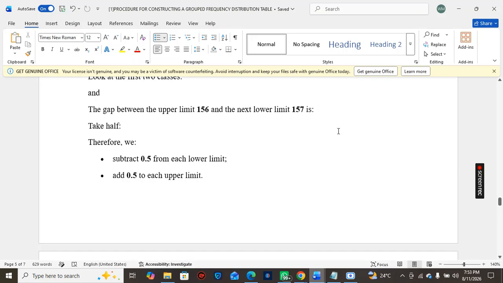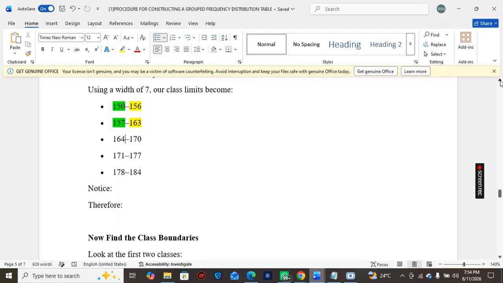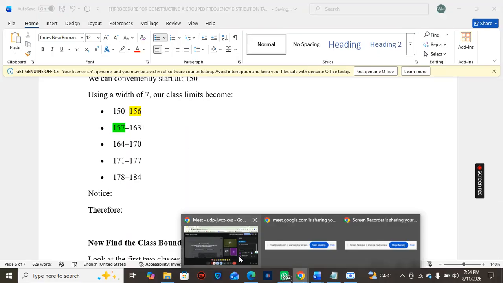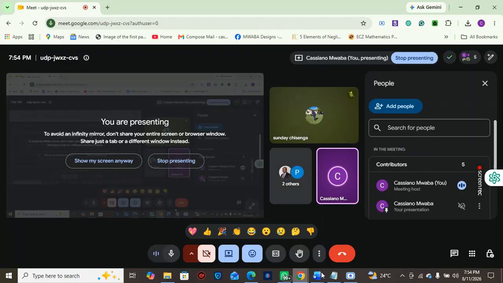You can look at it like this. You look at two classes first, the first class and the second class. There's a gap between 156 and 157.